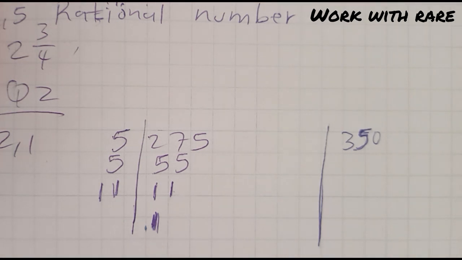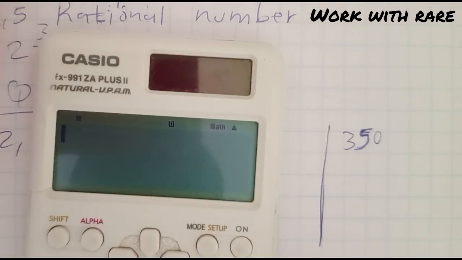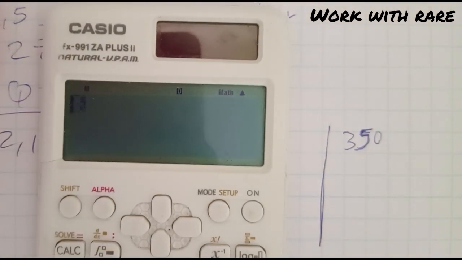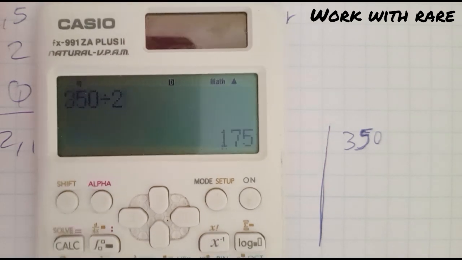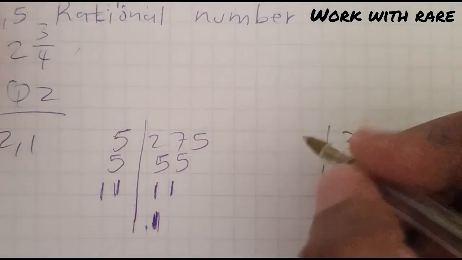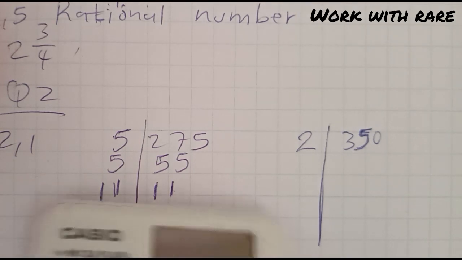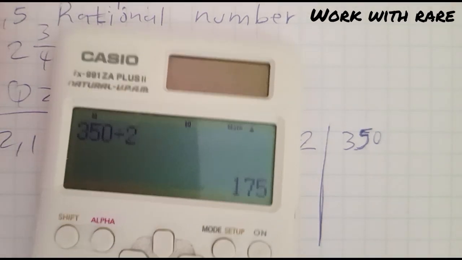Like I said, we'll test with the small number first. We'll say 350 divided by 2, because 2 is a prime number. You see, it gave us a real number. So we'll write our 2 here, and our answer was 175.